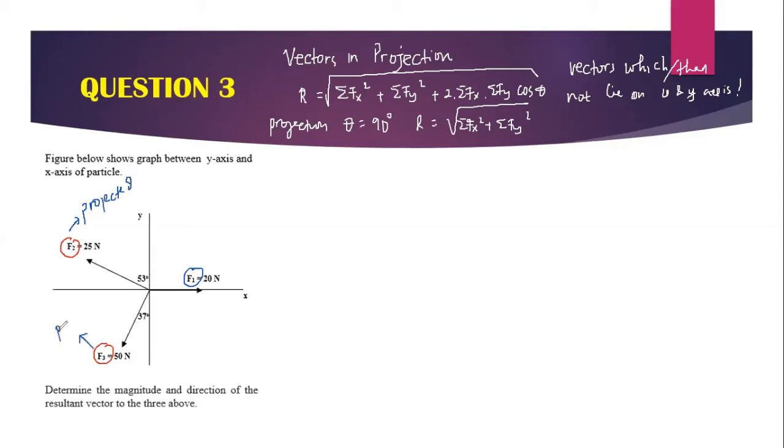F3 is projected. That's the reason why F2 and F3 should be projected to the x and y axis, because both vectors don't lie on the x and y axis. Is it clear?